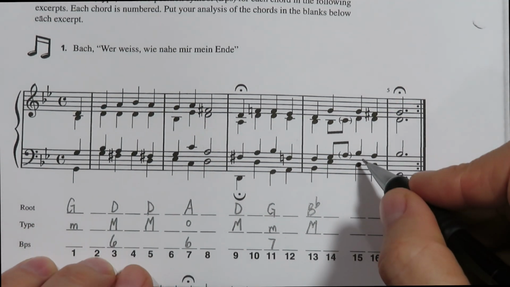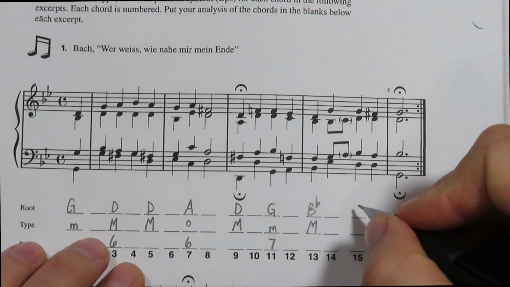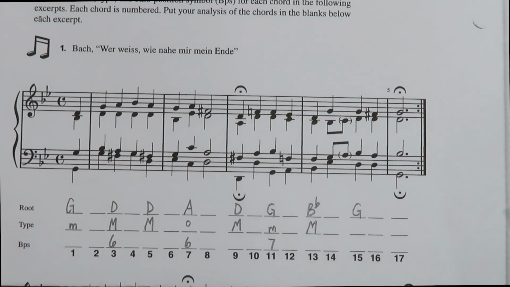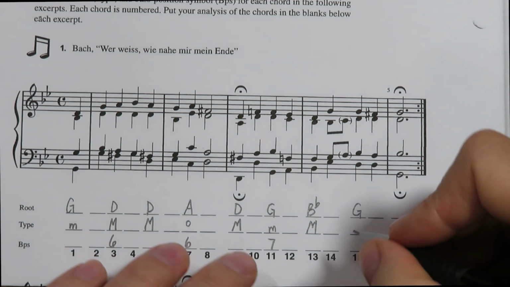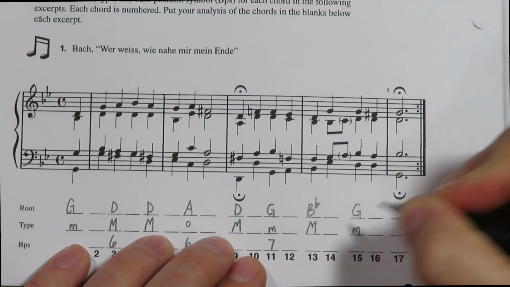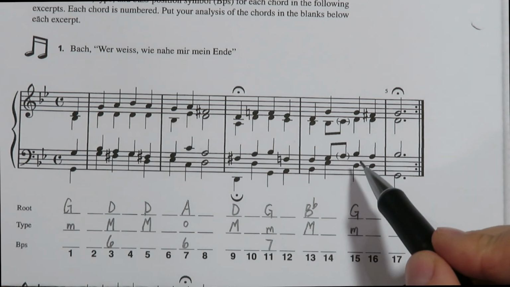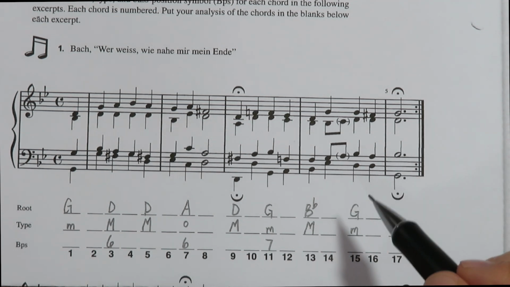Okay, so now we know that G is in the bass. Okay, and we know that it's minor. So G is the root of the chord, but D is in the bass, actually. Sorry.